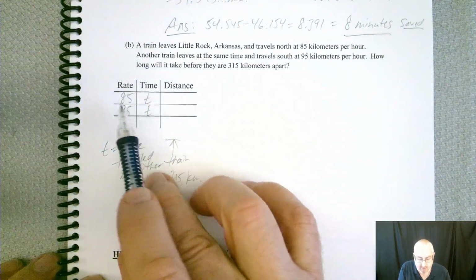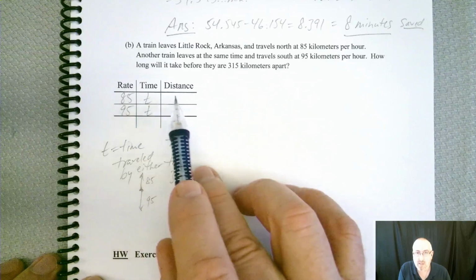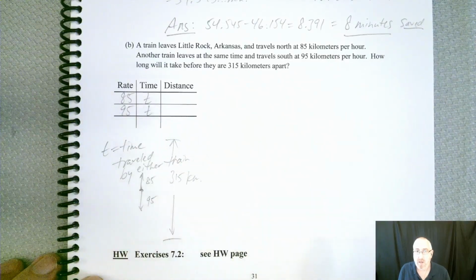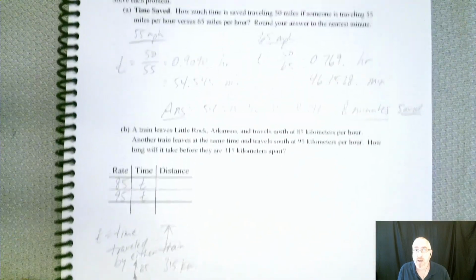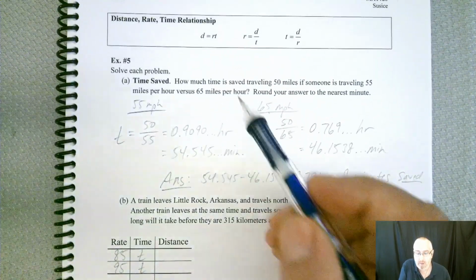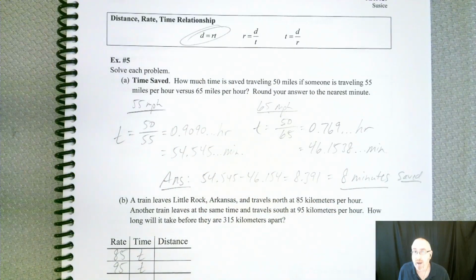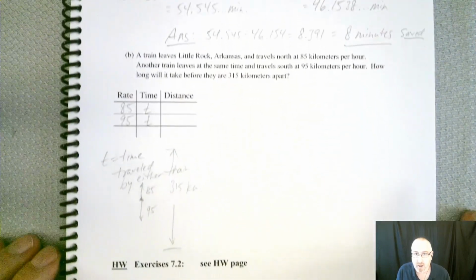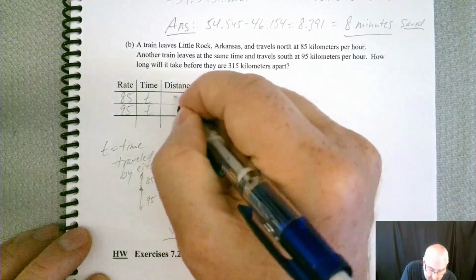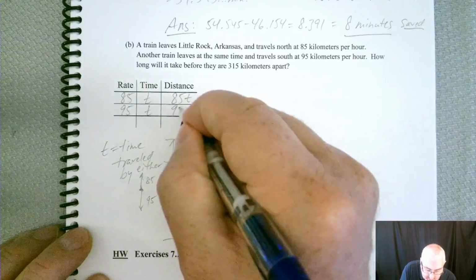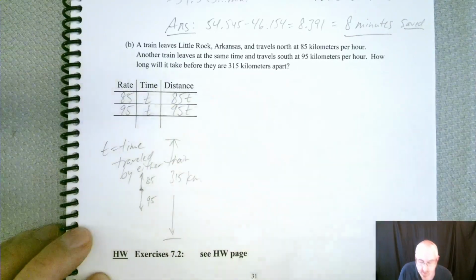If we have our rate and our time, what's the distance that this train travels? How can we find it from an equation? All we got to do is multiply. So let's multiply 85 times t and 95 times t.